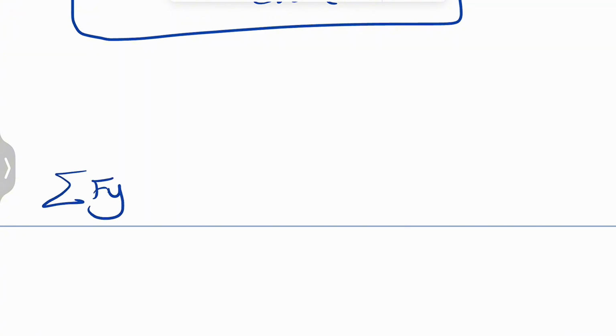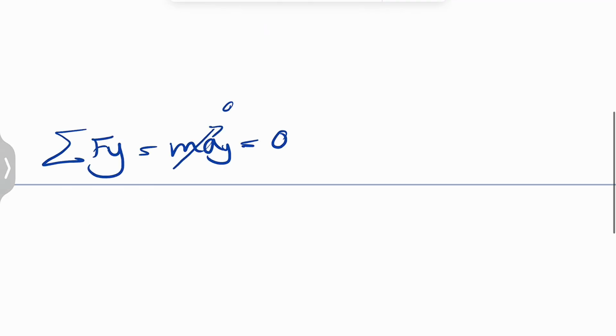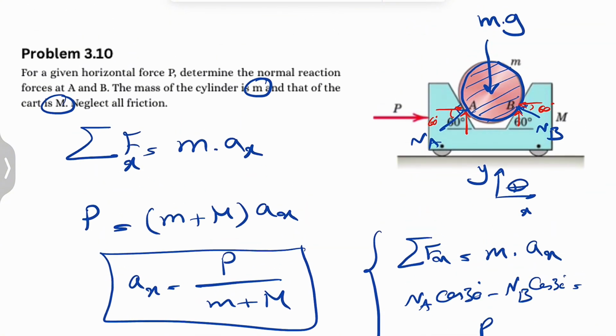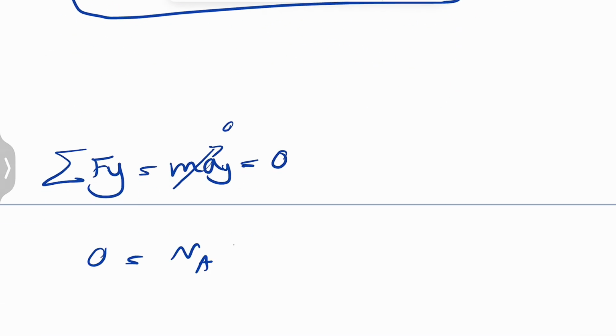Let's do the sum of all forces in y. Again, because there is no movement in y direction, the acceleration will be 0. There is no ay. So now we have the y component of the normal forces, which this time is going to be sine of 30 degrees. So NA sine of 30 plus NB sine of 30, and we have the weight, which is downward, and that's going to be the next equation.